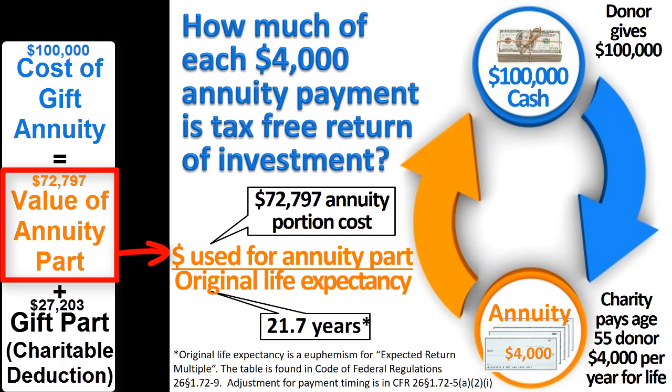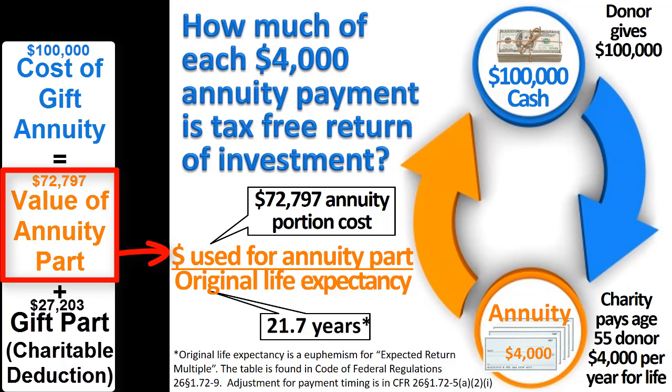In this case, we have previously calculated the value of the annuity as $72,797.20. Thus, this is the portion of the $100,000 transfer that was used to purchase the annuity. The remaining amount from the $100,000 was not used to purchase the annuity. Instead, it was used to make a charitable gift, and was thus deductible as a charitable gift.